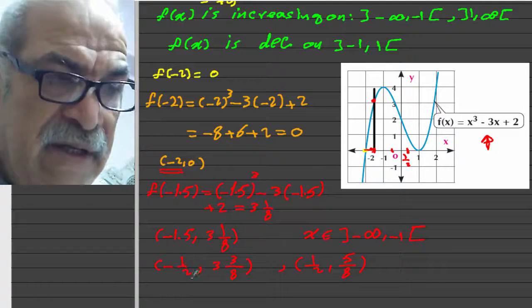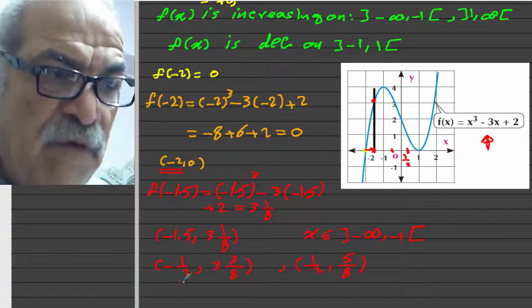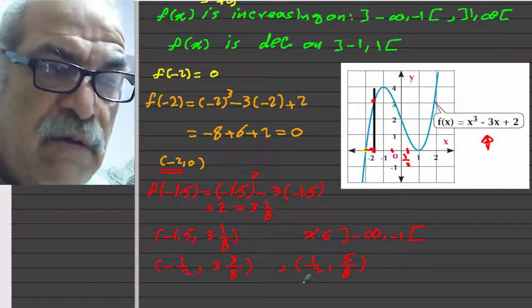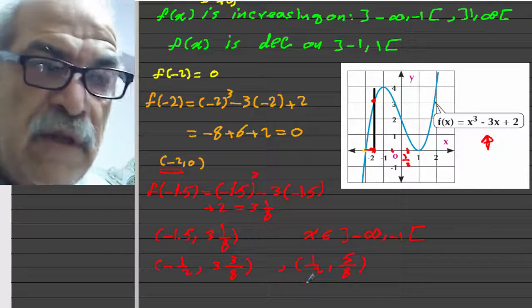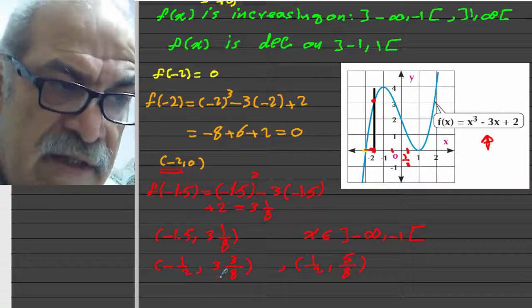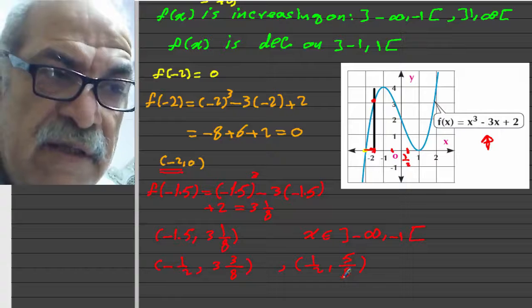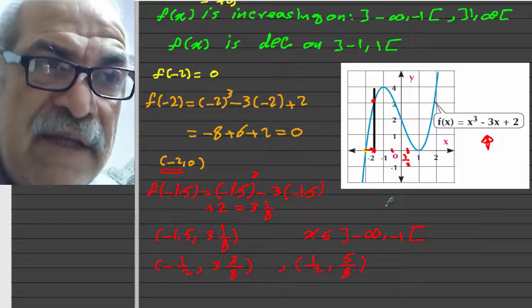So by increasing the value of x from -half to half, what happened to the value of y? We get at first 3 and 3/8 and then 5/8. It is the meaning of decreasing.